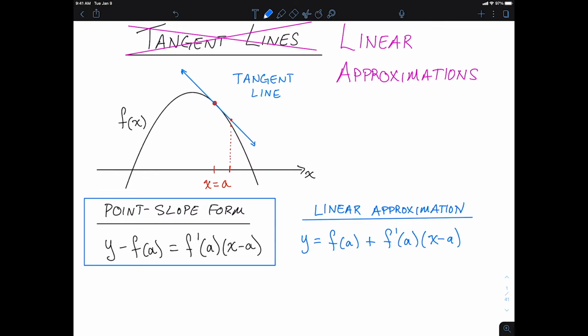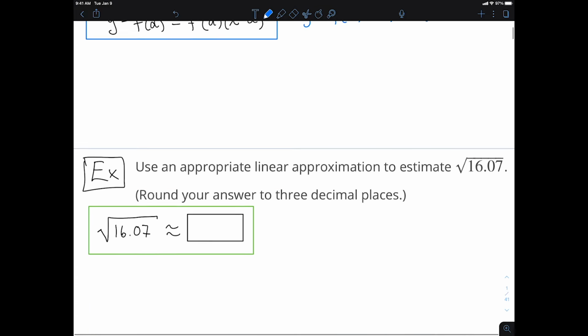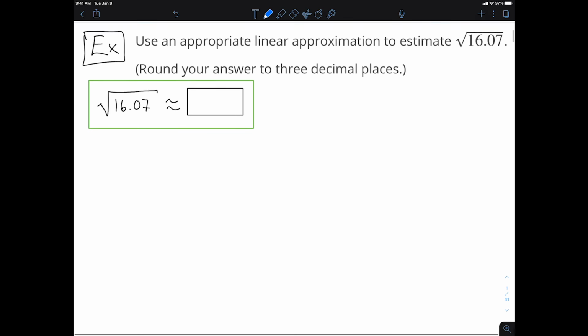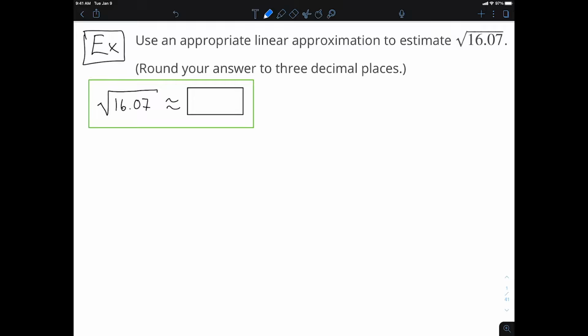Great. So let's go look at an example that I conveniently borrowed from Newton-Alta, where we're asked to use an appropriate linear approximation to estimate the square root of 16.07. One of the things that we have to do is make our own function. So we have to create a function from nothing.